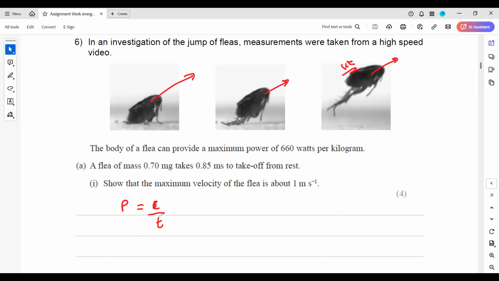It will have kinetic energy. So we can say the power is equal to kinetic energy over time, P equals KE divided by t.